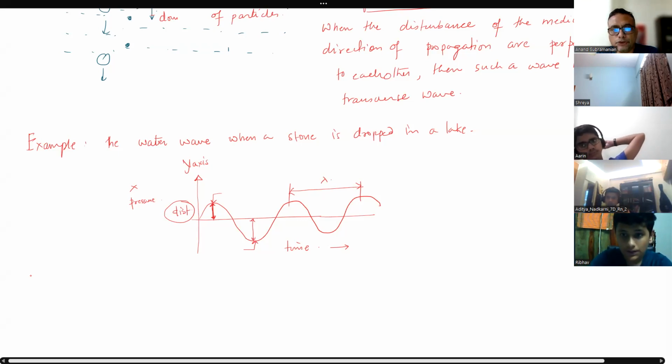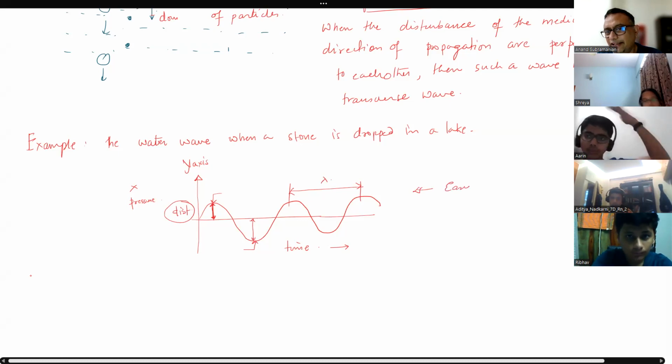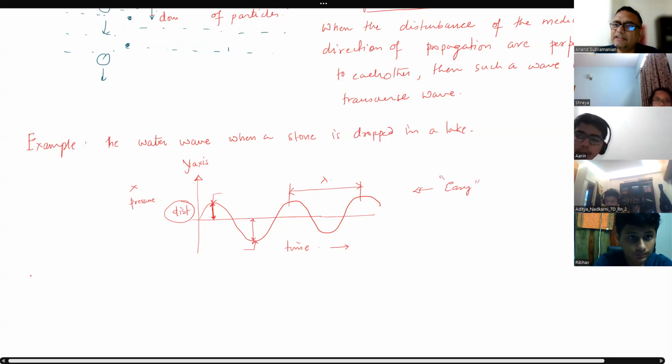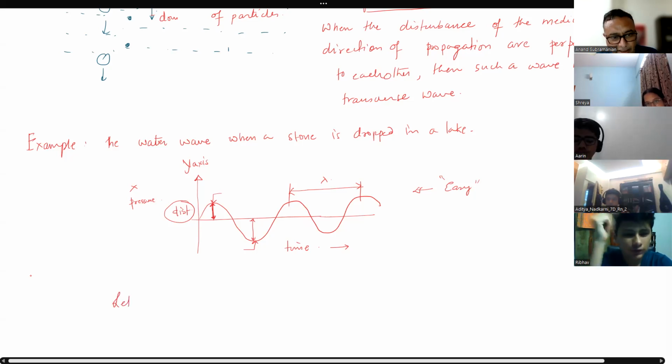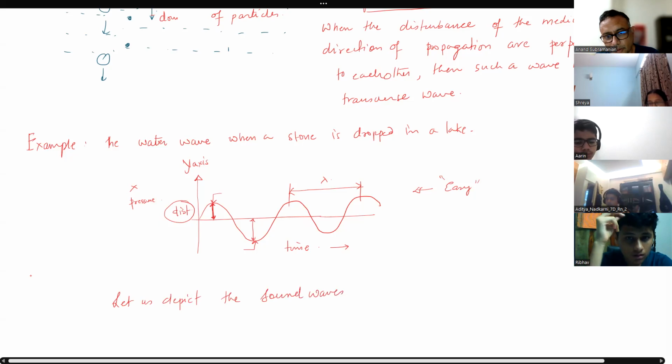Yes, sir. So this is easy for us to visualize. Since the transverse wave is easy to visualize, why can't we show the compression and rarefaction wave also in the same way? Let us depict the sound waves also in this fashion, because it is very easy for me to understand.